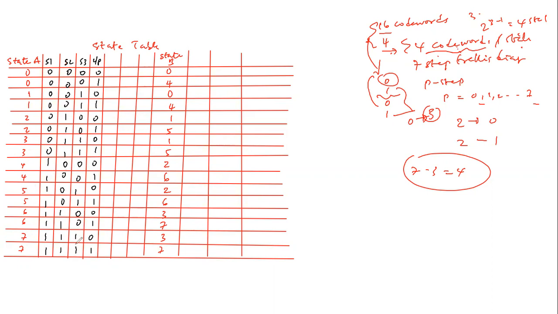So if this is the initial state of the shift register, and now we feed shift register 1 with the input, then we'll have shift register 2, shift register 3.